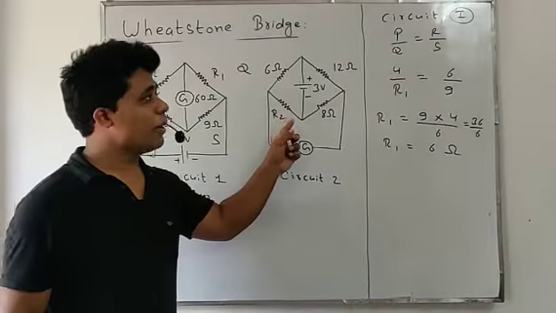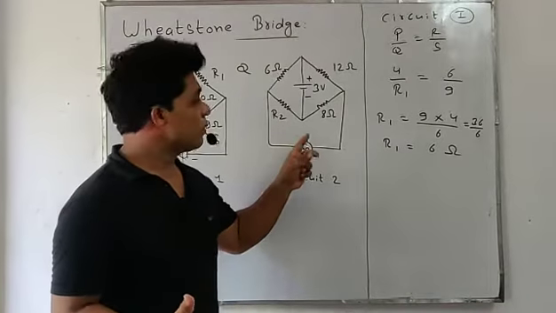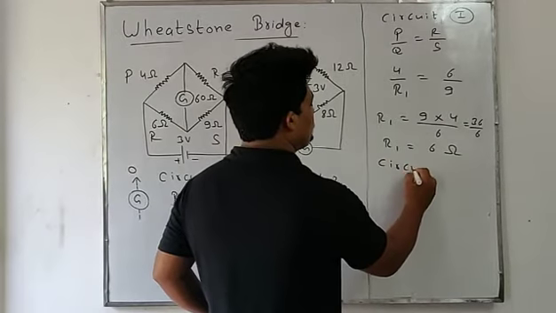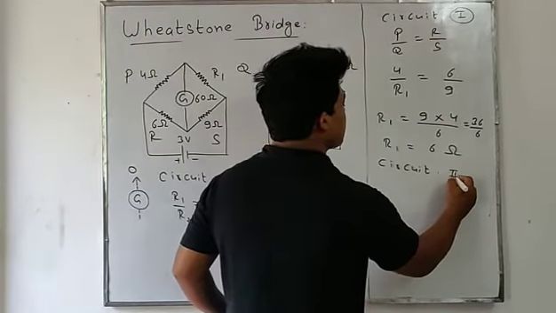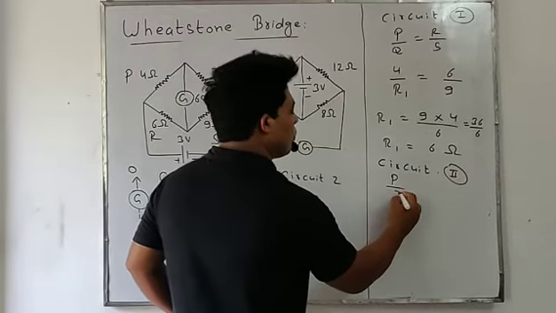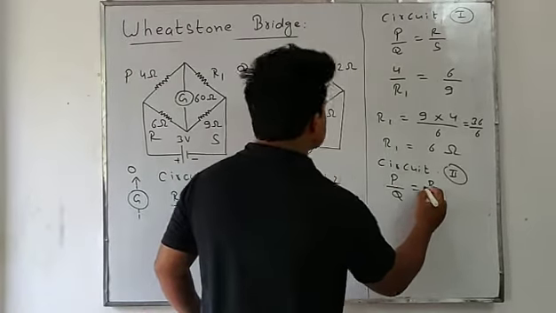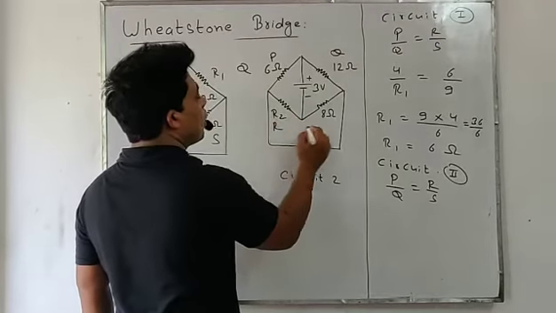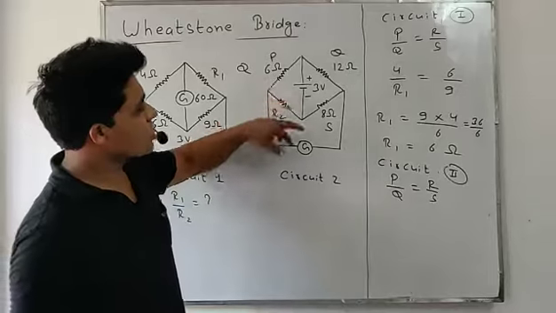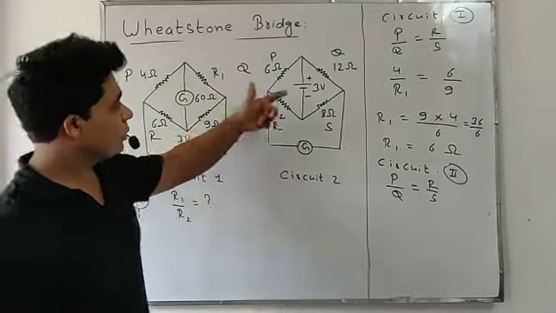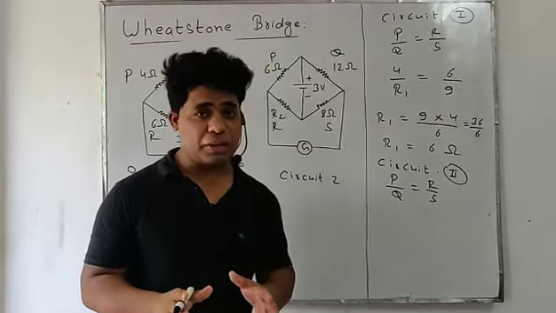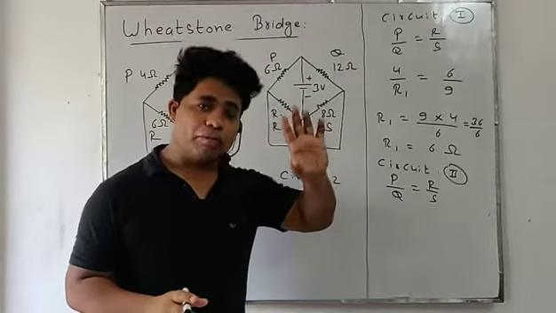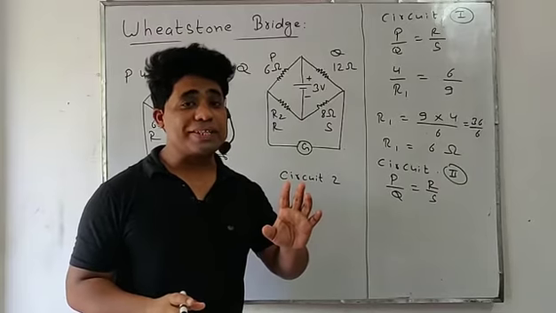Now similarly, I am going to apply the Wheatstone bridge principle for the balancing circuit for the second circuit. P upon Q equals R upon S. P, Q, R, S. On interchanging the position of galvanometer and cell, it will not affect the balancing state. That is the important point. When we change the position of galvanometer and cell, it will not affect the balancing state.